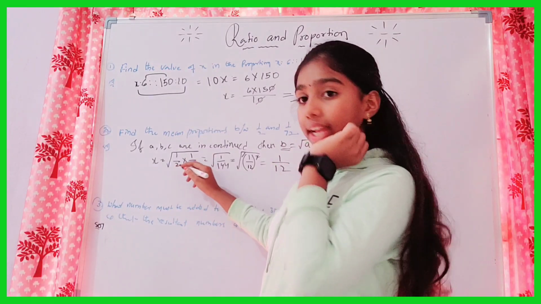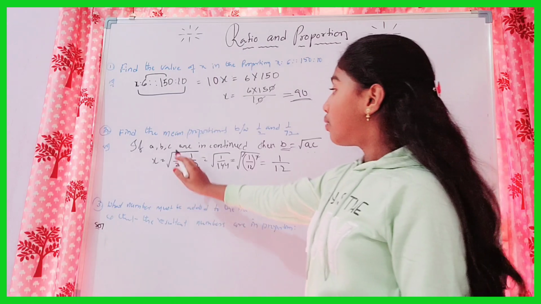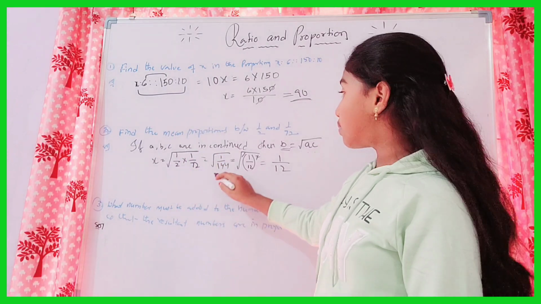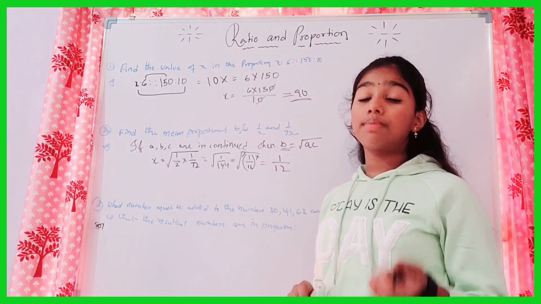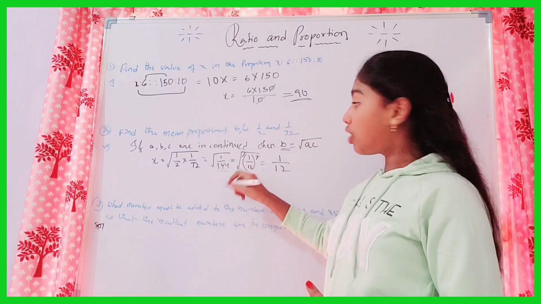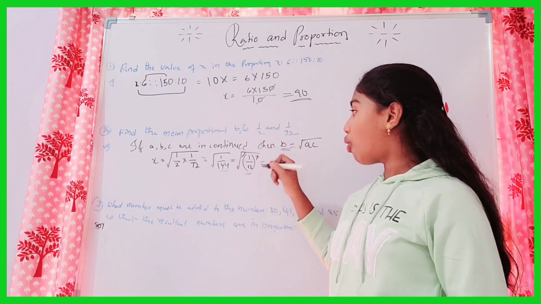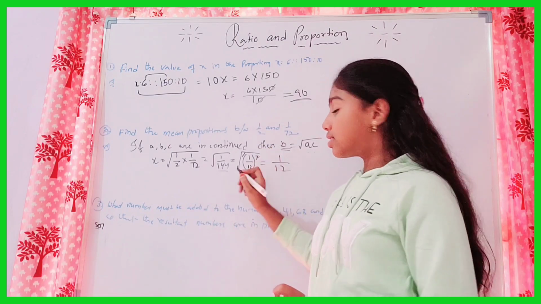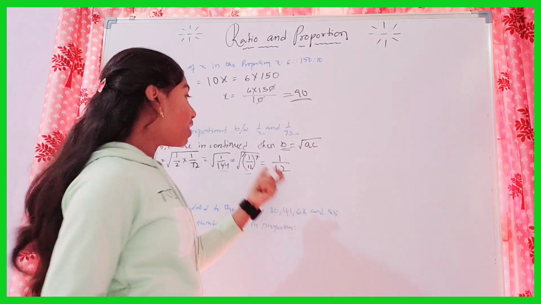So 1 by 2 into 1 by 72: 1 times 1 is 1, and 2 times 72 is 144. We already know the square of 12 is 144, so the square root of (1 by 12) whole squared, the square and root cancel, and the value of B will be 1 by 12.